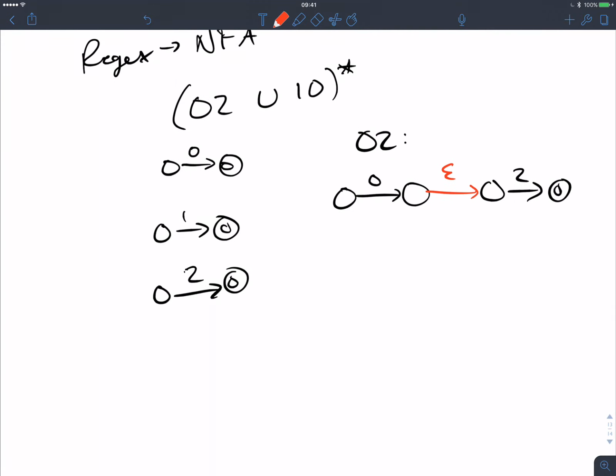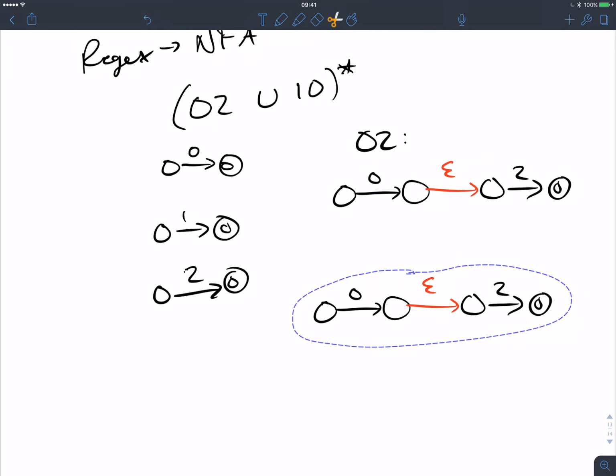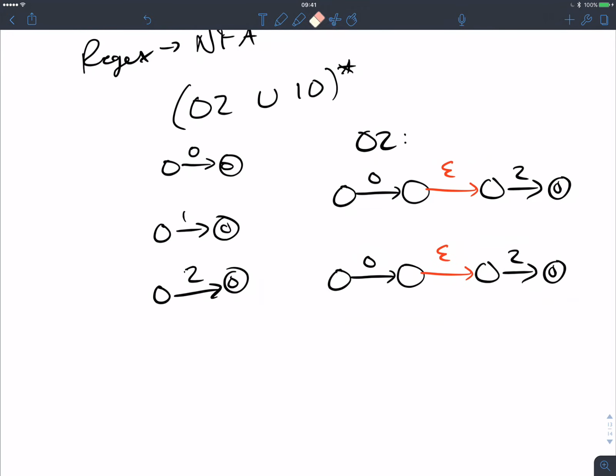All right. Well, so we made one for 0, 2. Can I make one for 1, 0? Yeah, it's almost exactly the same, but now we have a 1, 0 here. Okay, so that's pretty good.